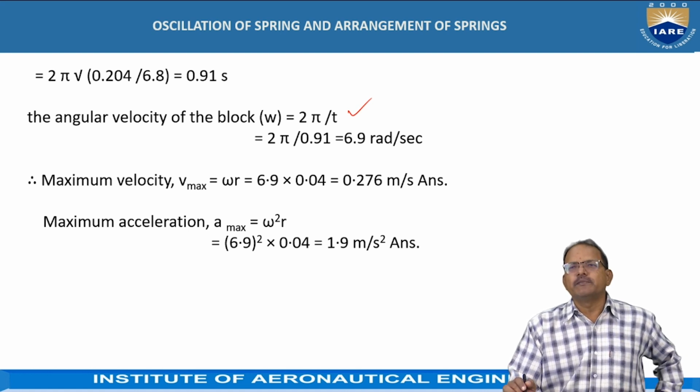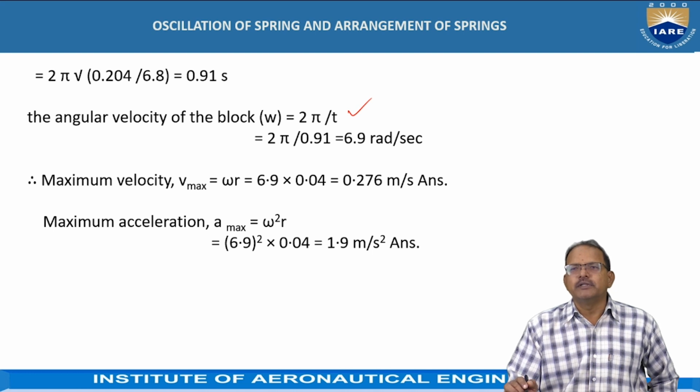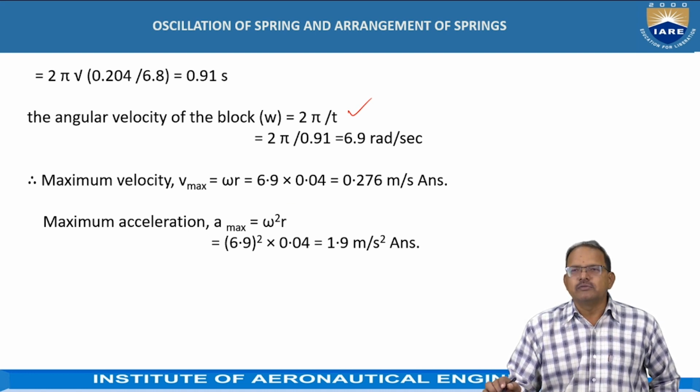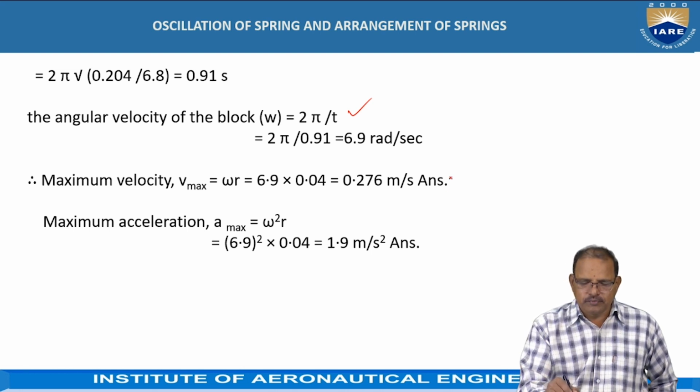Now the maximum velocity is obtained. It is similar to an object moving along the circumference of a circle, as we have taken earlier. Its projection always oscillates along the vertical diameter, so it is also treated as simple harmonic motion. The maximum velocity is V max equal to omega into R, which is 6.9 into 0.04, equal to 0.276 meters per second.